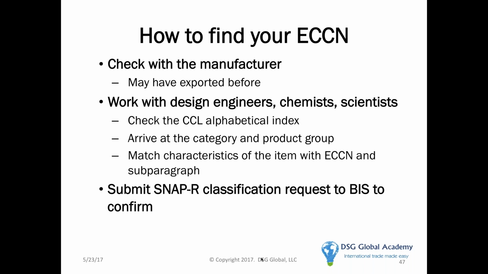If you make it yourself, ask your scientists, chemists, and engineers. Give them a little bit of training on the CCL, Commerce Control List, and they will look at the relevant section and see if your product meets those technical parameters. And finally, if you're still not clear what your ECCN is, submit a license request to the BIS using their online tool called SNAP-R.